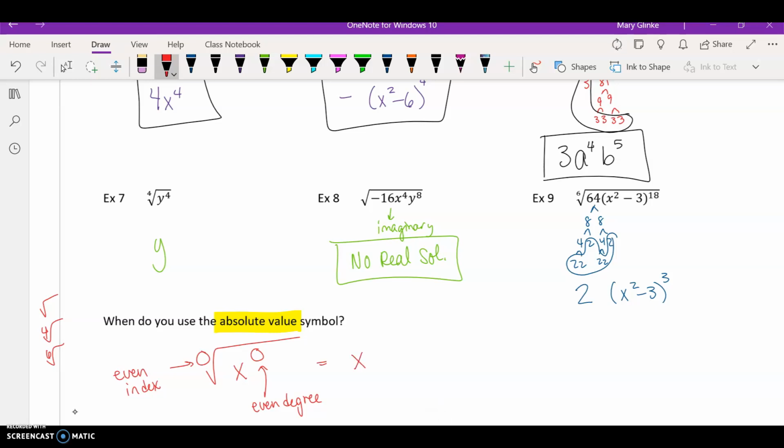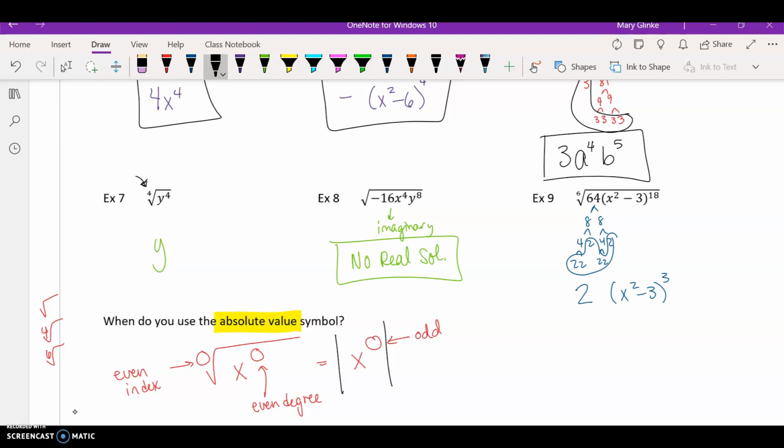But then when you get your answer here, you have to have an odd degree on the outside that would give you normally a negative number, but we can't get a negative answer with those. So that's when you use your absolute value. So if you look at number 7, you can see it fits all the criteria.